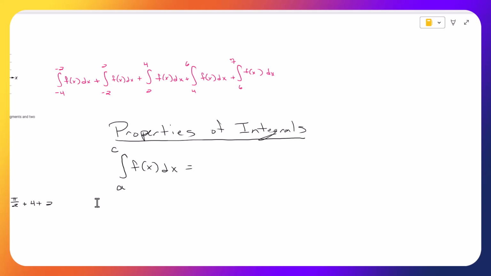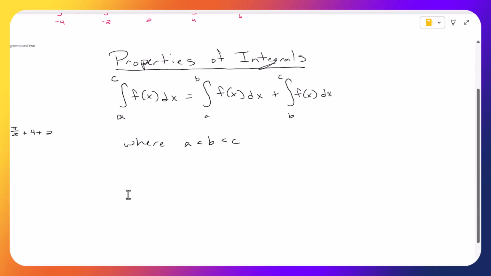So if we have an integral going from point A to point C, and there's a point in between, we can split it up.